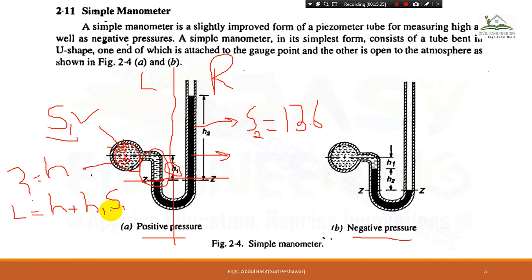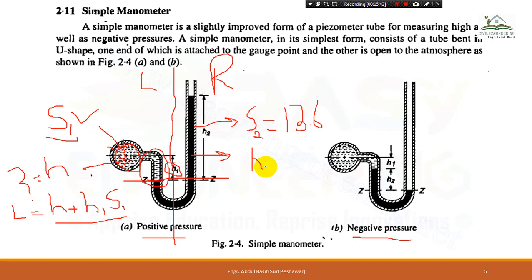So H1 S1 is the pressure in the left limb. In the right limb the pressure will be like H2, as the level of the mercury is H2, and there is only one liquid over here, that is this mercury.